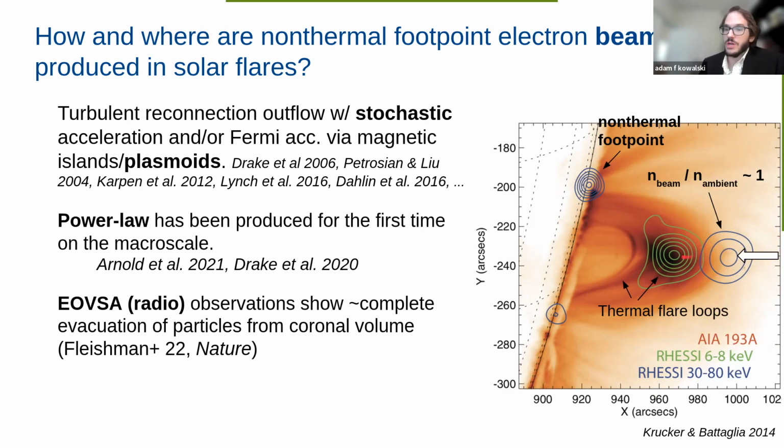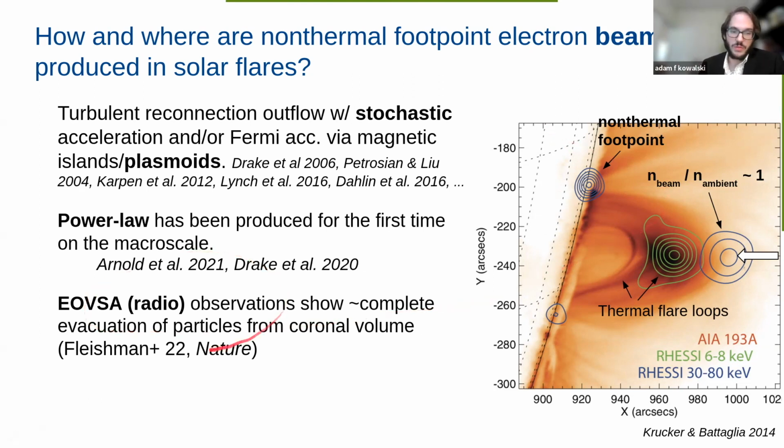Recently, we've learned that these electron beams are extremely dense, much denser than we've assumed in decades past. So the sun is a very, very efficient particle accelerator. This is something we've only come to realize over the past about 10 years, that almost the entire thermal distribution is being accelerated into the beams.